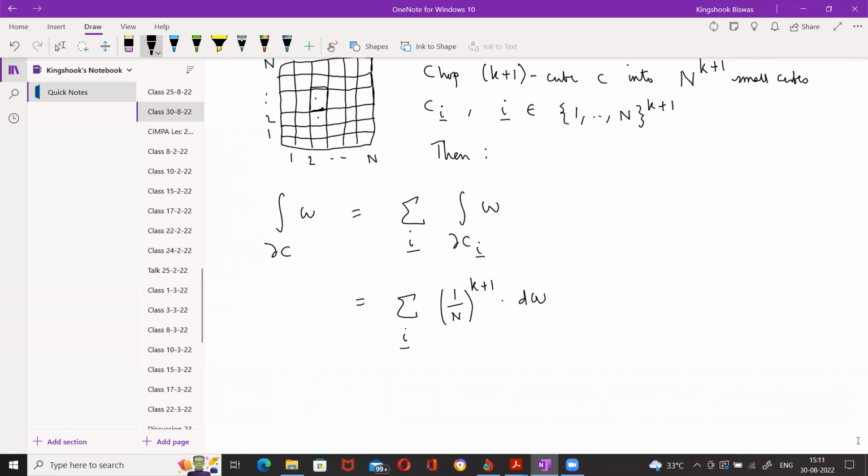If this vertex is x sub I bar, then it'll be d omega at the point C of x sub I bar applied to E1 to E k plus 1, plus something which is little o of 1 over n to the k plus 1.